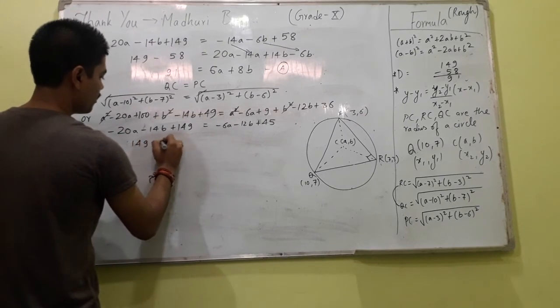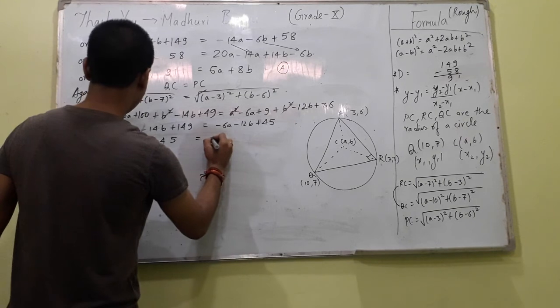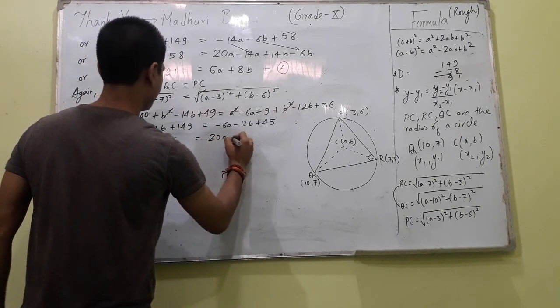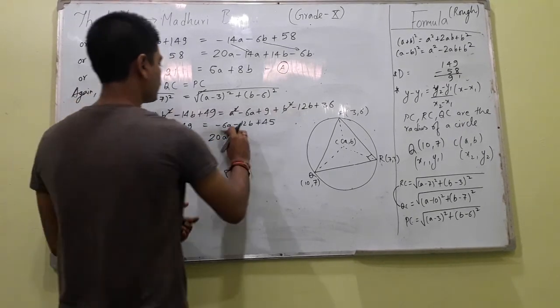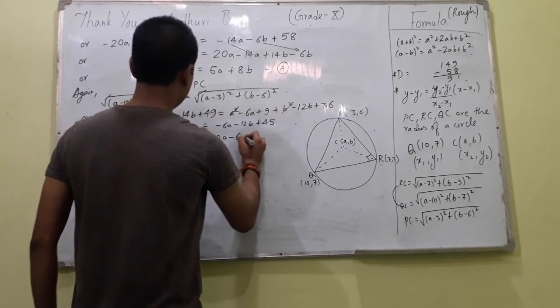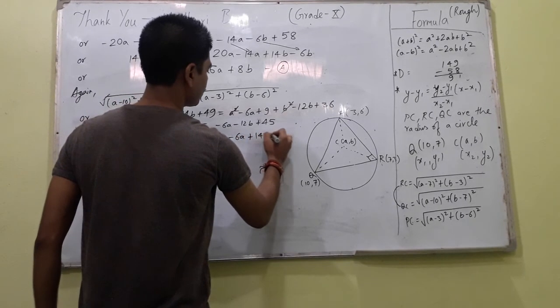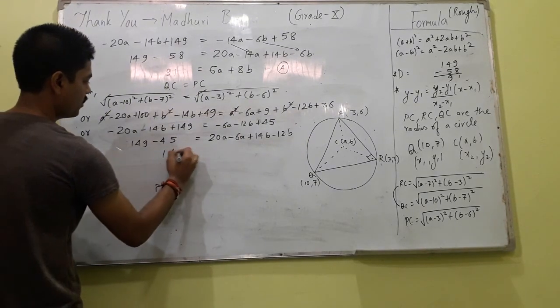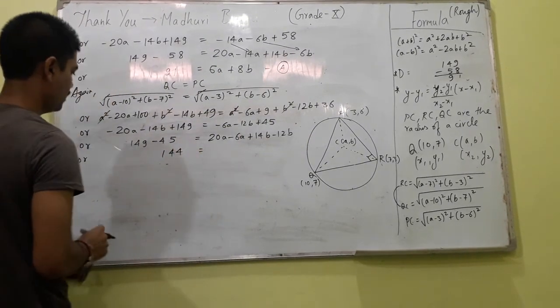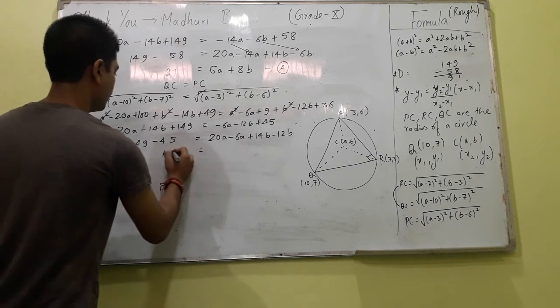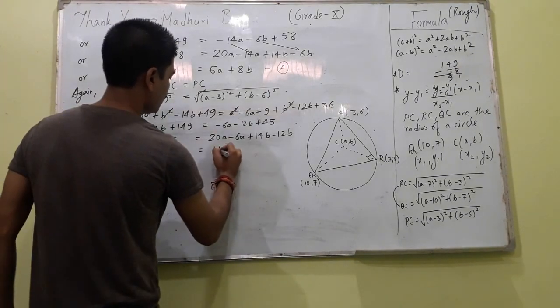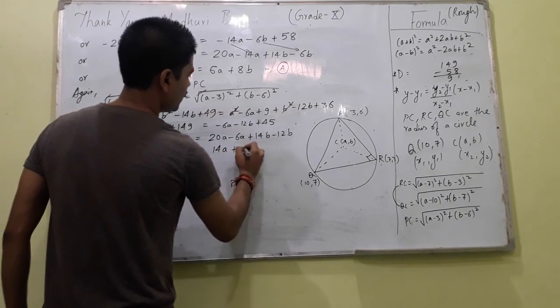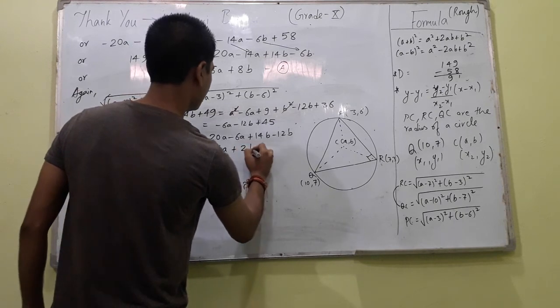149 minus 45 equals plus 20a minus 6a plus 14b minus 12b, or 104 equals 14a plus 2b.